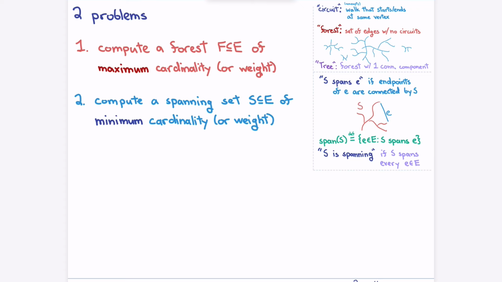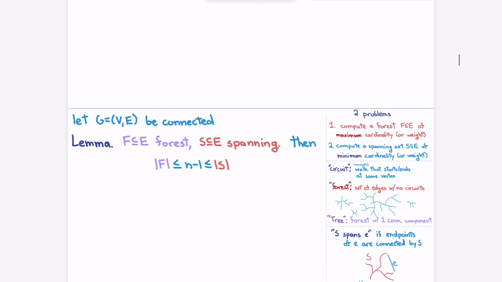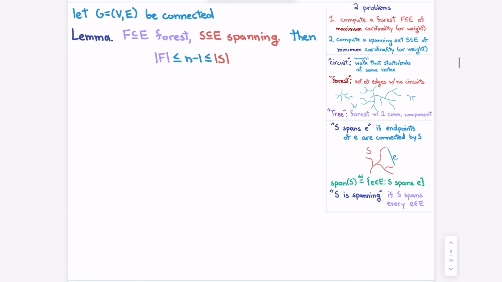Maybe here's the first such example where you can start to see a little yin and yang about these two problems. Let F be any forest and let S be any spanning set of edges, and suppose G is connected.